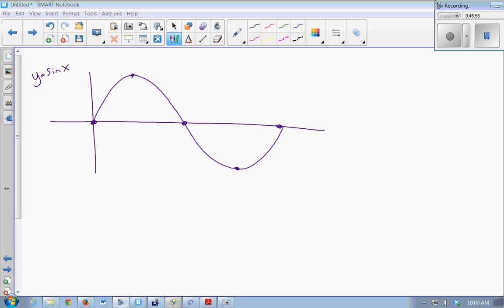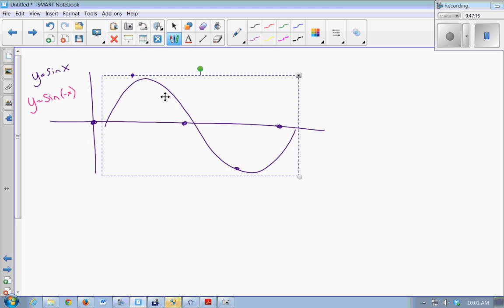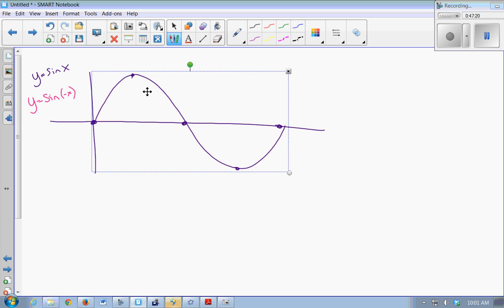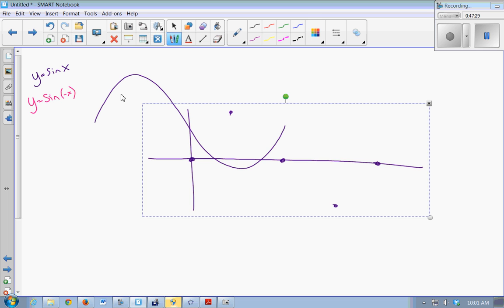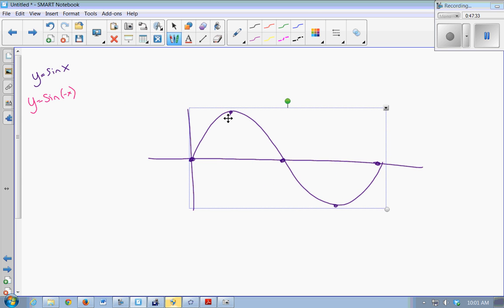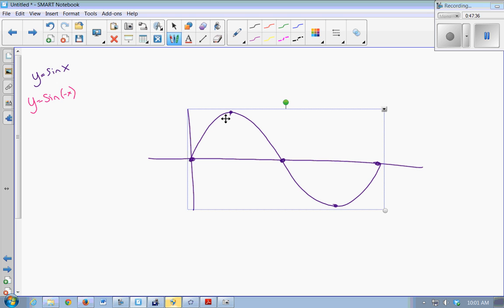So if I wanted to do the sine of negative x, that is going to be a reflection about the y-axis.